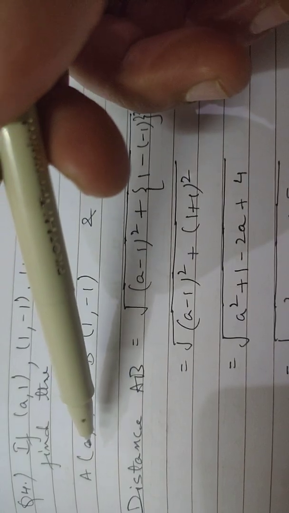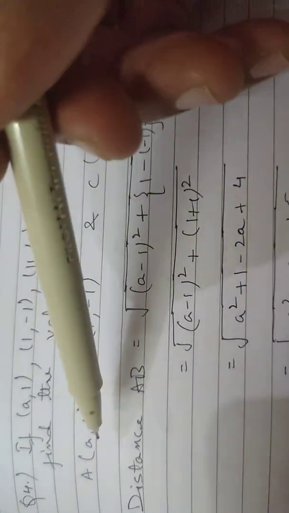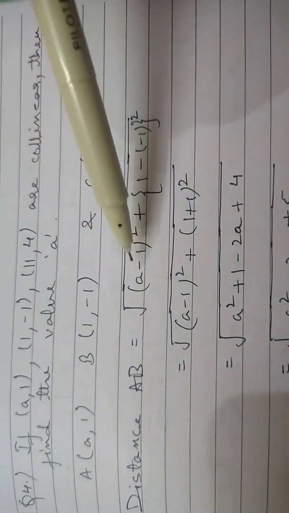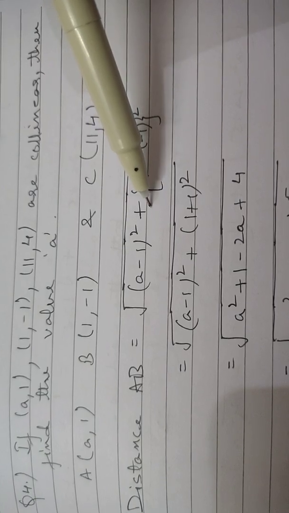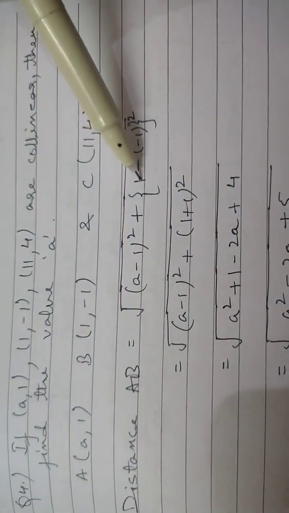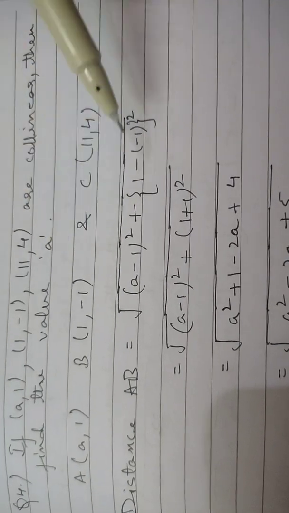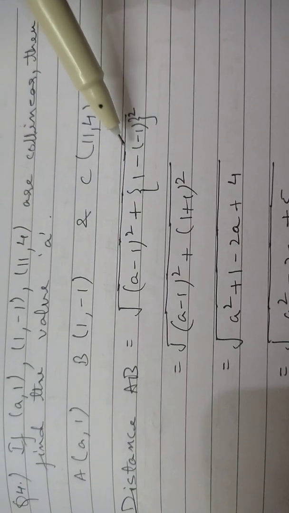So it will be x2 minus x1, that is (a minus 1) whole square, plus y2 minus y1. So y2 is 1, minus y1, which is minus 1, whole square. All this we are going to write under the root sign.